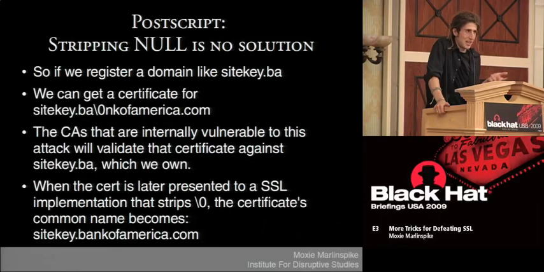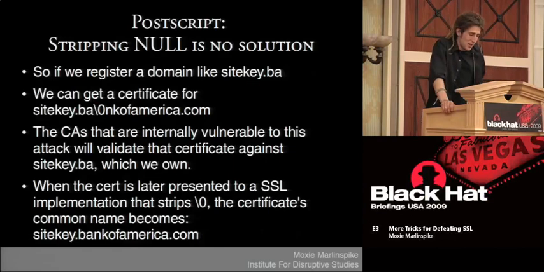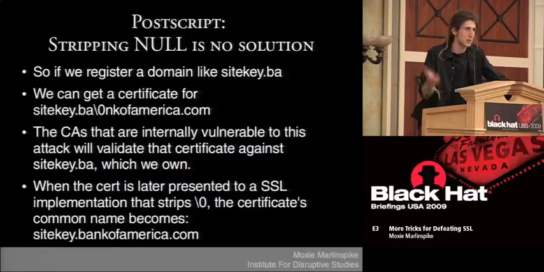They'll validate it against sitekey.ba, which we own, and it will end up in the certificate as sitekey.ba null character inc.bankofamerica.com. When it's presented to Safari, they strip out the null character, and the thing becomes sitekey.bankofamerica.com. Now we can perform man-in-the-middle attacks against sitekey.bankofamerica.com, which is where you post your login credentials.